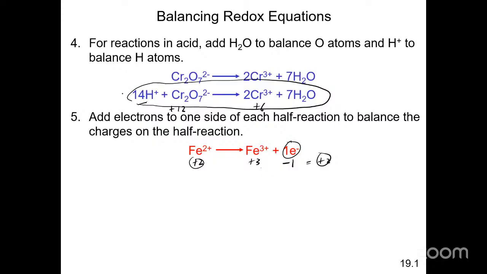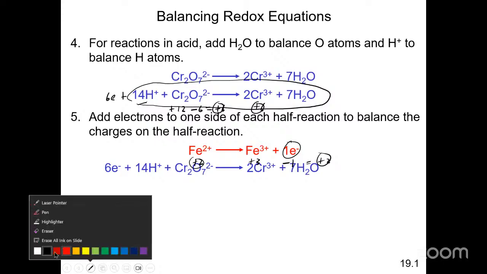The answer is that you'd add 6 electrons to this side, because by adding 6 electrons to this side, you're adding -6 charges total, and that will make +12 minus 6 equal to +6 on the left side, which is equal to +6 on the right side. So therefore, you're going to end up with 6 electrons being added on the left side.